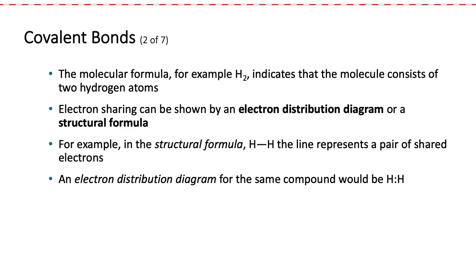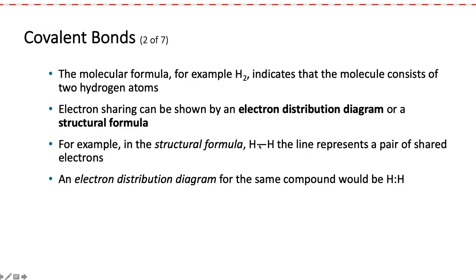And we can show that molecule and how it exists by looking at an electron distribution diagram, or we can look at something called the structural formula. And you can see below here is an example of the structural formula.